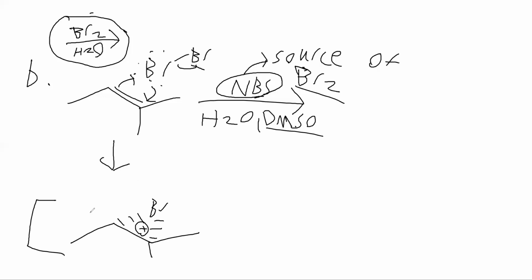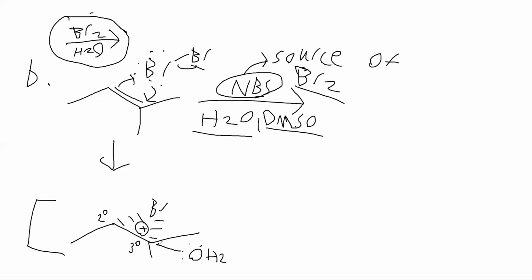So now we also have water present, and it's going to attack what would be the more stable cation if a carbocation by itself were to form. So this carbon on the left is secondary, and the one on the right is tertiary. So if a carbocation were to form, the tertiary one would be more stable.